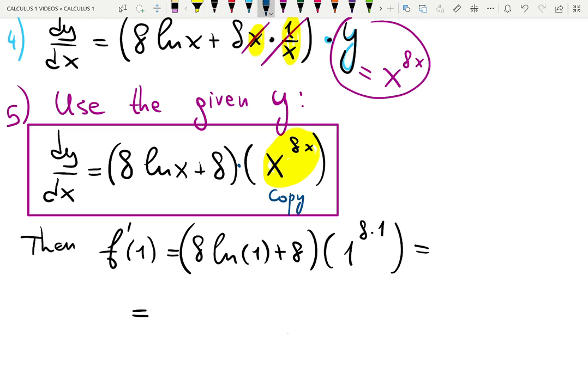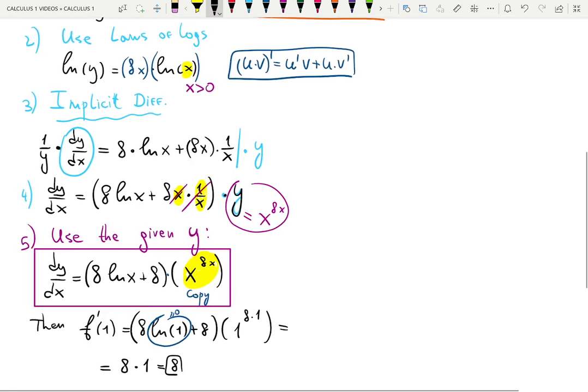What is the logarithm of 1? ln of 1 is 0. Thus, I only have left 8 times 1, 8 multiplied times 1 raised to the 8. And that is 8. And that is the final answer.